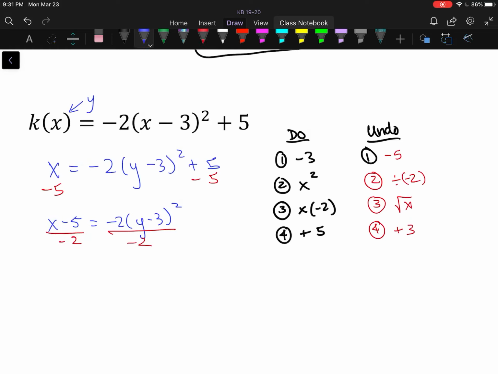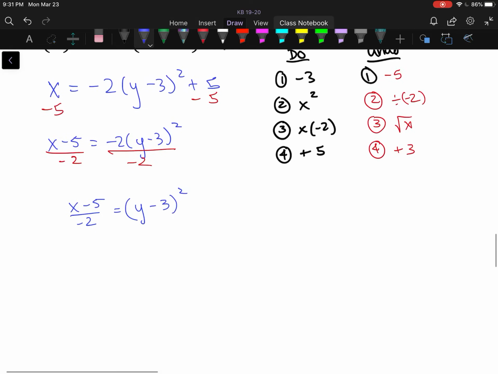And so that's going to give us, and what you sometimes see is sometimes they would write -x plus 5 over a +2. They would distribute that, but it's more than fine if you just leave the denominator as a -2. Okay, so if you write x minus 5 over -2, that is perfectly fine. And so we have y minus 3 squared.